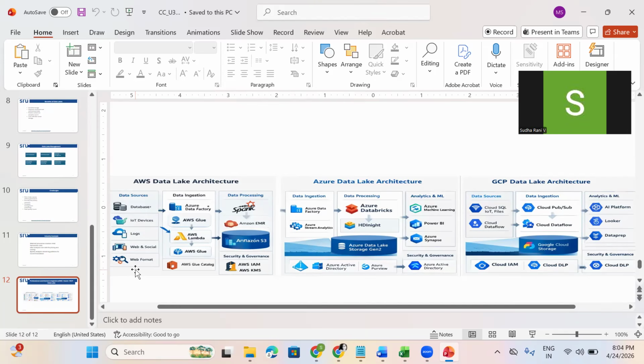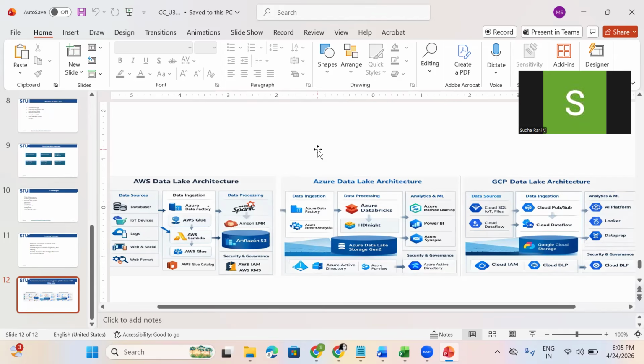For data ingestion, we have AWS Glue, AWS Lambda, and AWS Glue Catalog. Data processing: Amazon EMR, Amazon S3. Security and governance: AWS IAM, AWS KMS. This is the AWS data lake architecture.